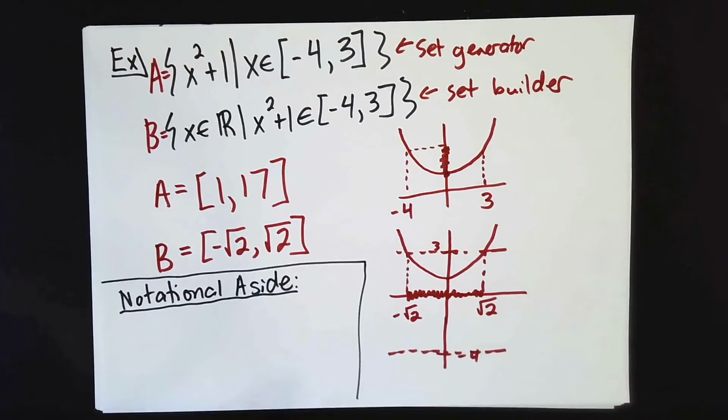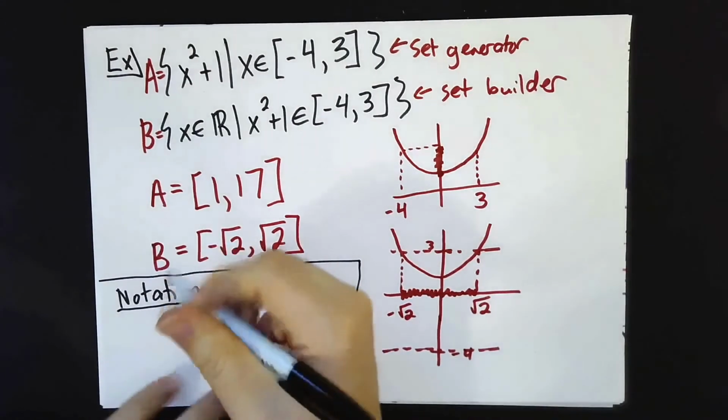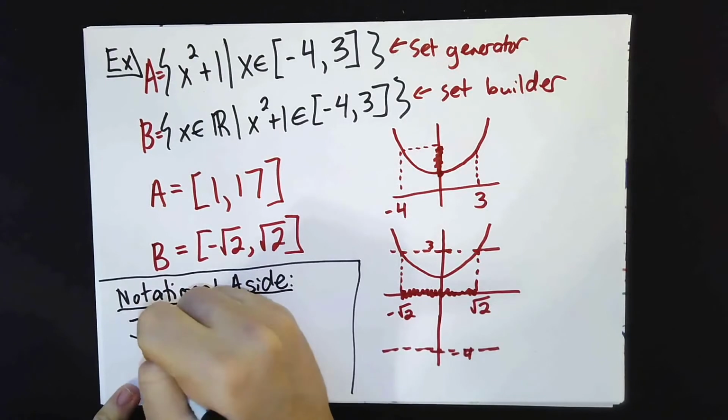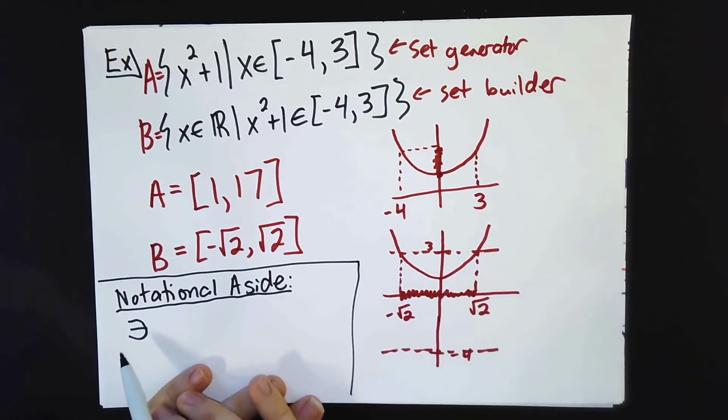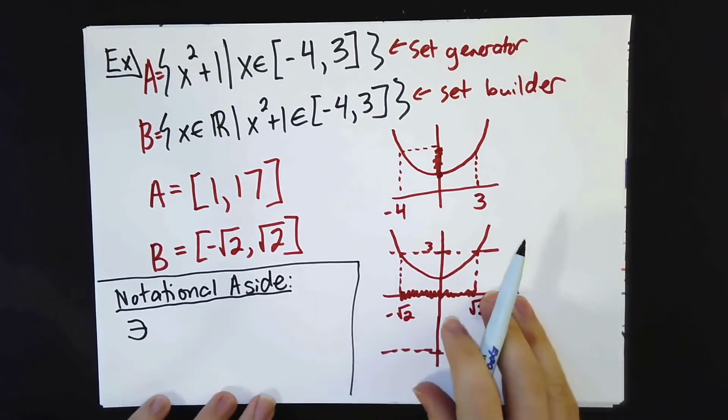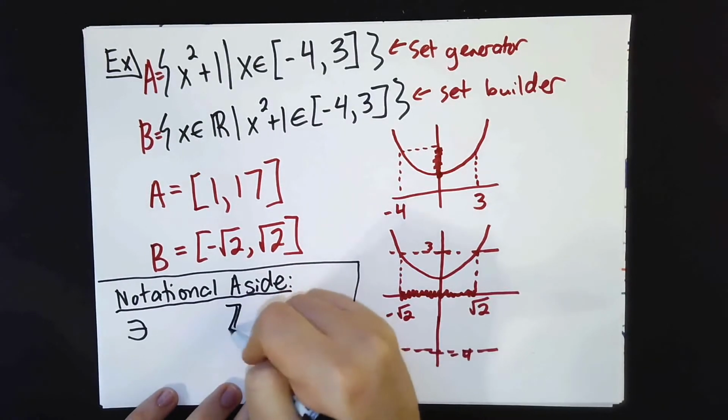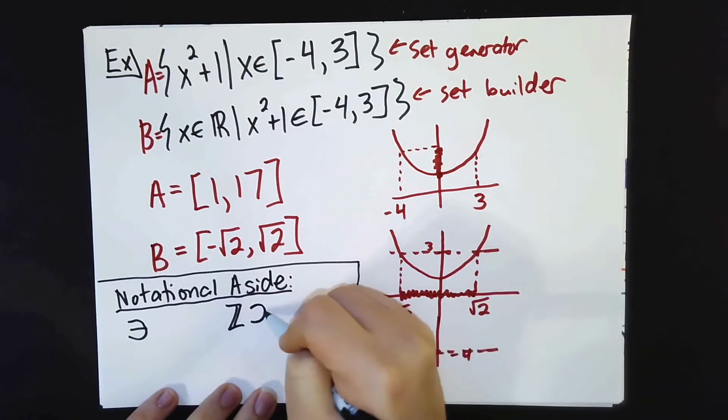Here's a notational aside, and the notational aside concerns this symbol. There are two ways that this symbol is often used. One of them is what you would probably think, which is that you could use it as a reverse is an element of.